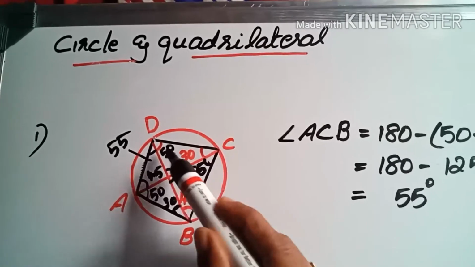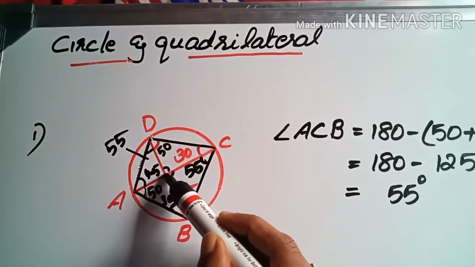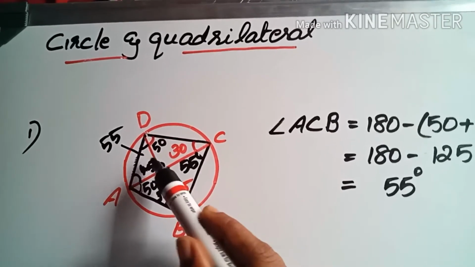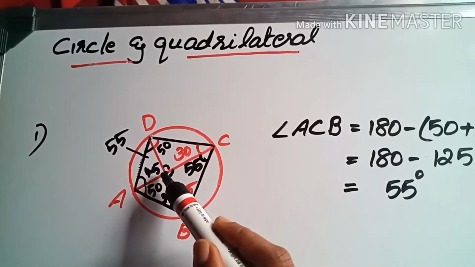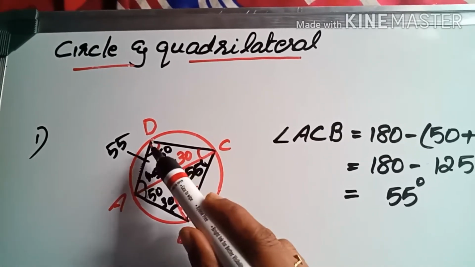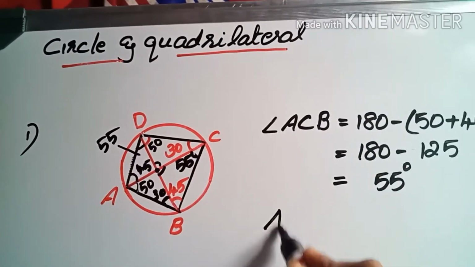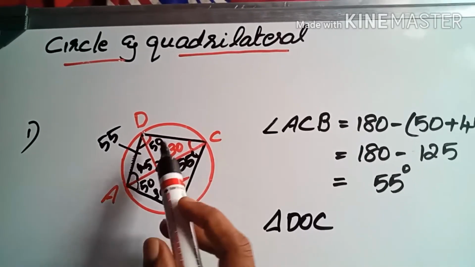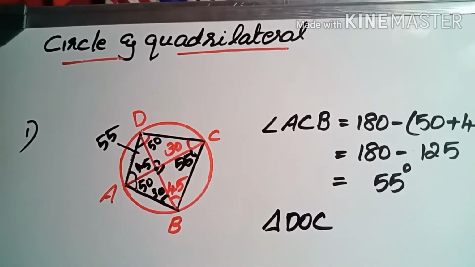Let's consider the center, the meeting point of the diagonals, as O. Consider the triangle DOC. In this triangle DOC, two angles are 50 degrees and 30 degrees.